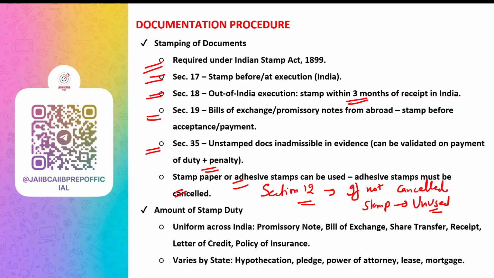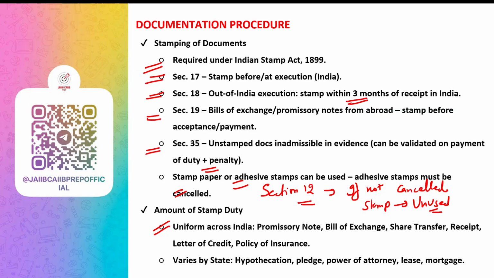Then we have stamp duty. Stamp duty is like a tax paid to the government on certain types of document to make them legally valid. Some documents have the same stamp duty all over India because they are covered by central laws. So the stamp duty is uniform across India.